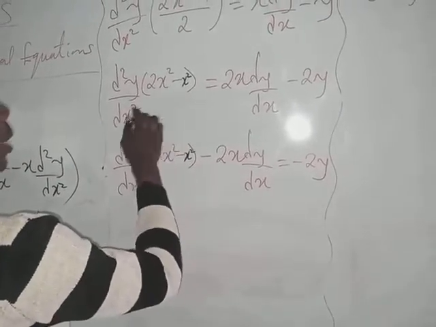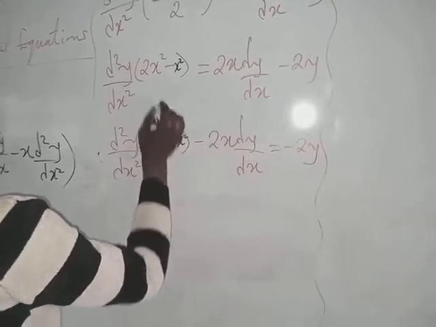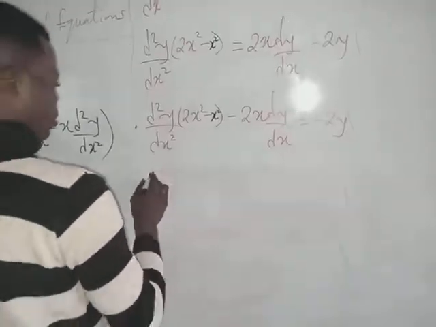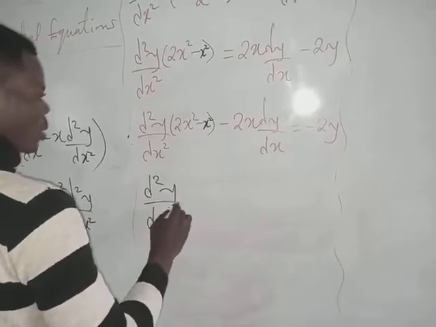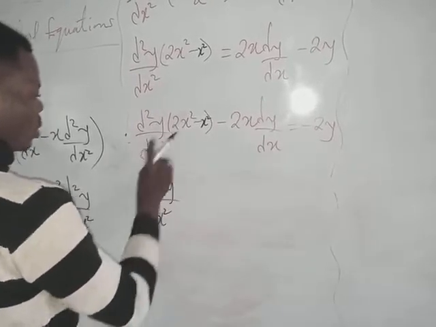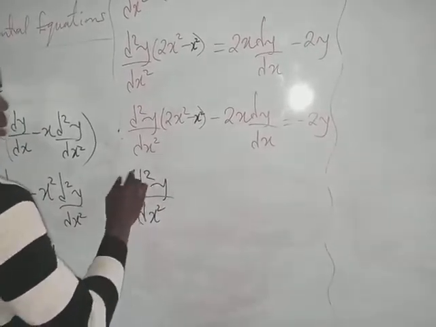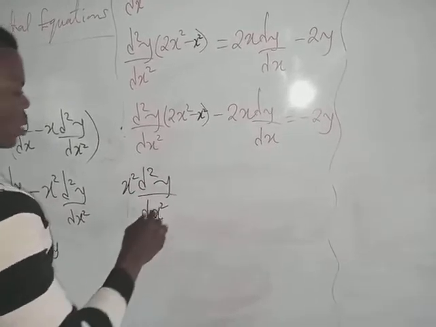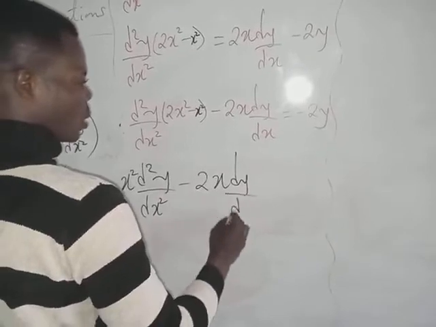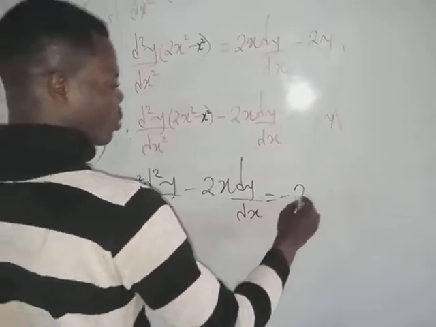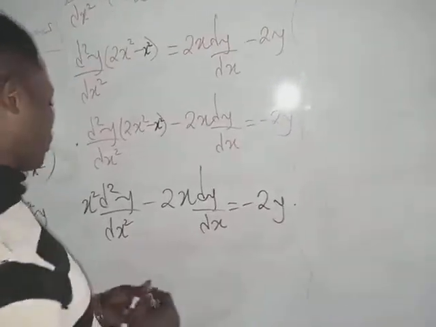So this will be x. We have d²y/dx² into x squared minus 2x dy/dx equal to minus 2y.